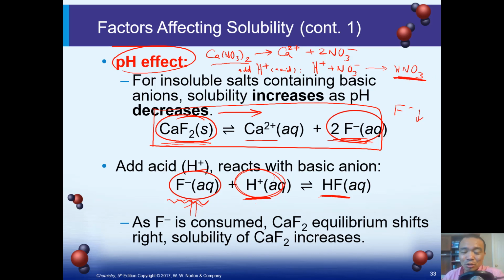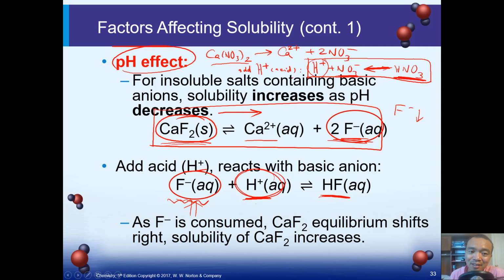The strong acid will ionize 100%, which means this reaction will go to the left side. It will not go to the right side. In other words, no matter how much acid you add to this particular system, it cannot react with the nitrate, because this reaction goes to the left side.